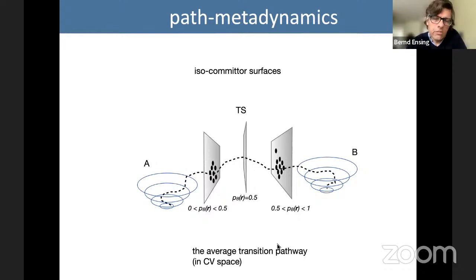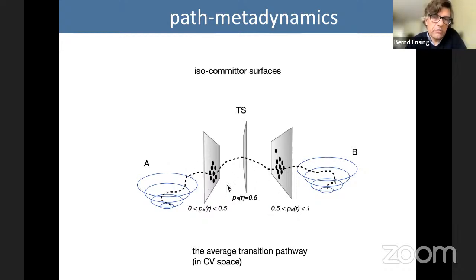And again, I have not said anything about free energy landscapes, right? So probably this average transition pathway is the same or is very close to the minimum free energy path, but it doesn't have to be, right?